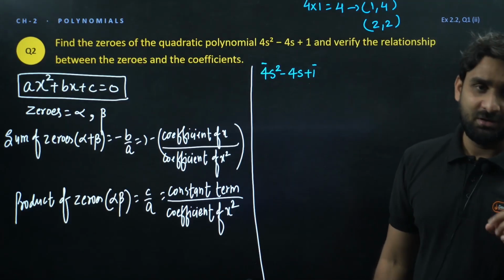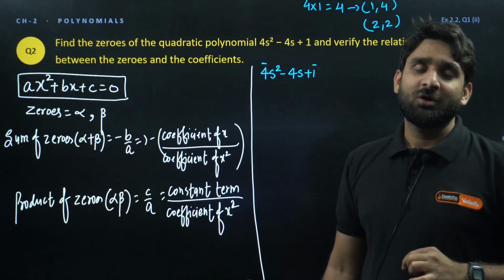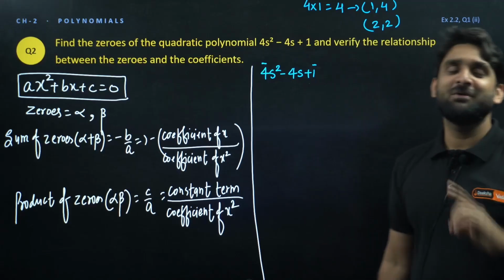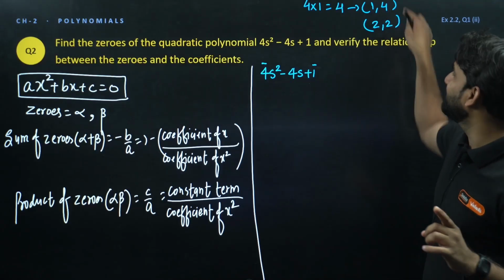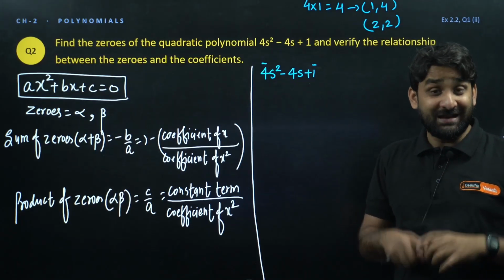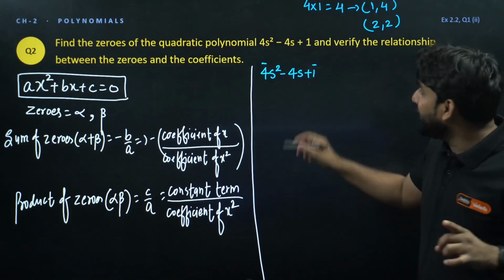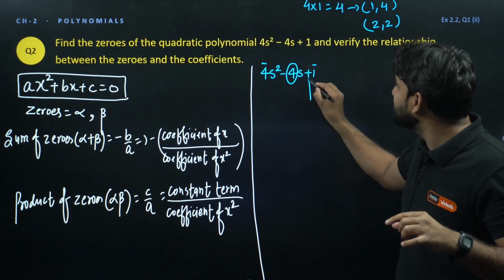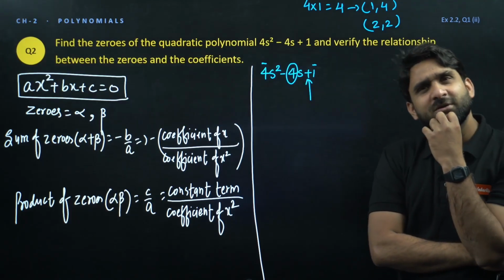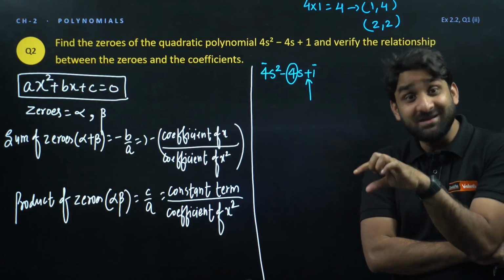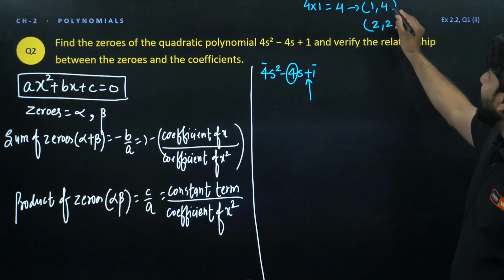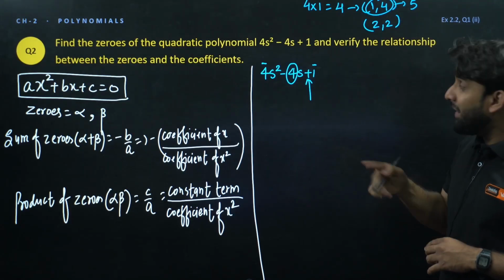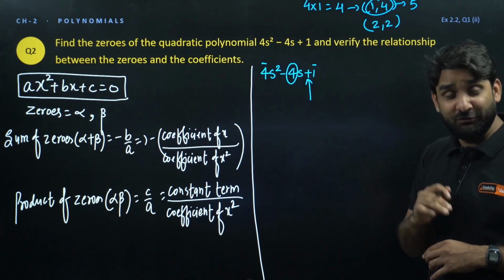But my dear champion, in these two brackets, only one will be your friend. We can't take both together; we have to select any one, according to the middle value and according to the sign. Sir, what does that mean? When we add 4 plus 1, what are we getting? We have to follow the sign of the constant term.